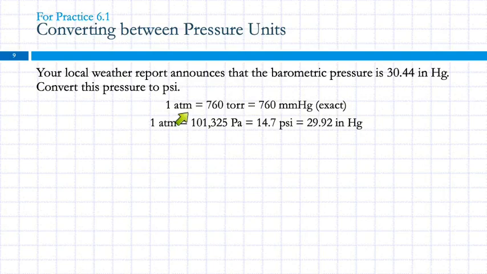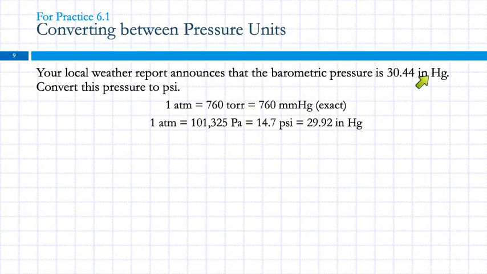I recommend memorizing that. This bottom one, well, actually, both of these lines I'll give to you on an exam so that you can just do the math and not have to worry about remembering funny numbers. And this is the way I'll give you pressure conversion units. So all of these things are equal to each other.